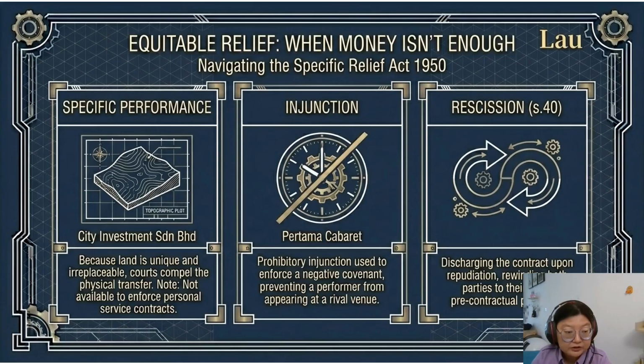Under Section 40, where a party clearly intends to breach their obligation, the innocent party may pursue rescission, effectively unwinding the contract. If partial performance has already occurred, a claim for quantum meruit under Section 71 allows fair compensation for work already done to prevent unjust enrichment.